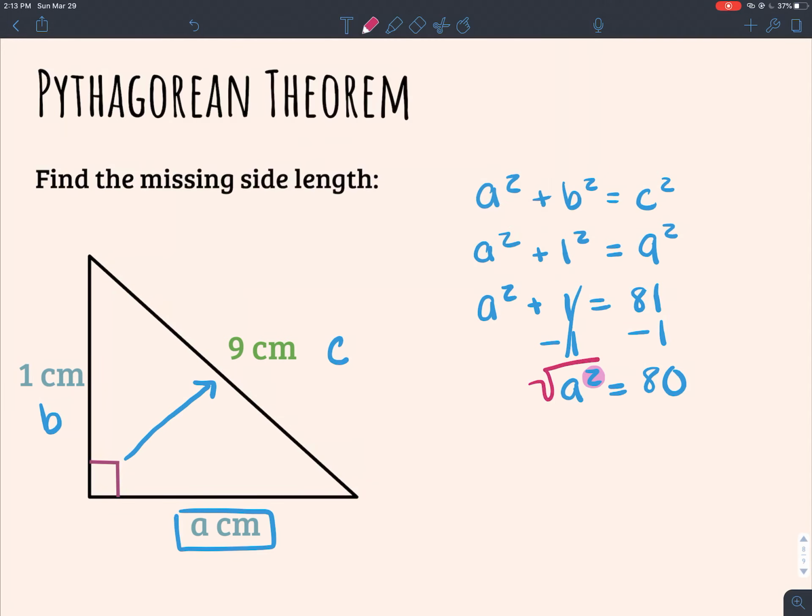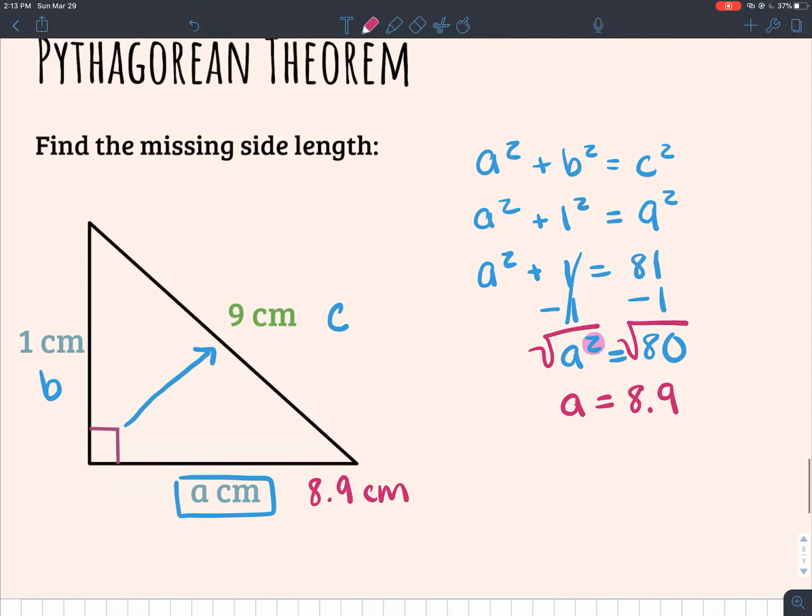So we are going to take the square root of both sides. And so we are going to get that A is equal to, I'm rounding it again, 8.9. So notice, even though it's really close to 9, it's still smaller than 9. So A is still a smaller side than C. So this is 8.9 centimeters.